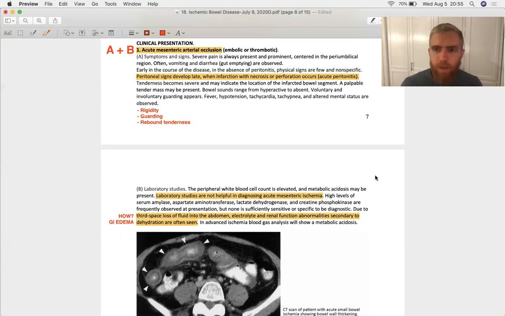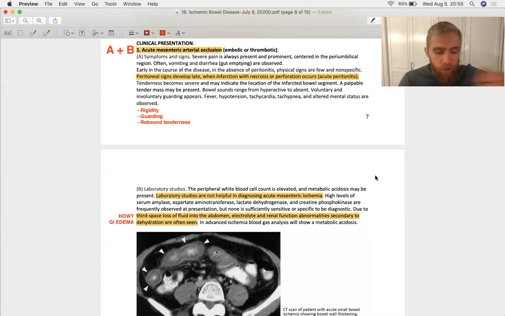Rebound tenderness is when you put your hand on the patient, you press down, and it kind of hurts, but then you take your hand off the patient, and then, oh, it really hurts wherever they have the peritonitis. The reason it's going to hurt there is that peritonitis is inflammation of the peritoneum, and your peritoneum has a visceral and a parietal layer, and there are lots of nerves inside of it. Think of it as a waterbed.